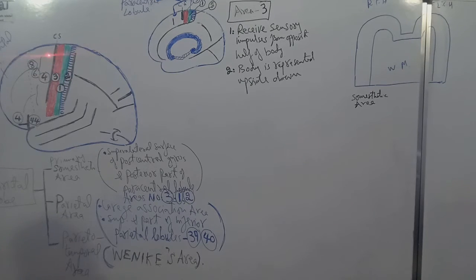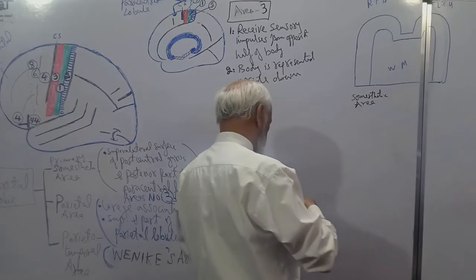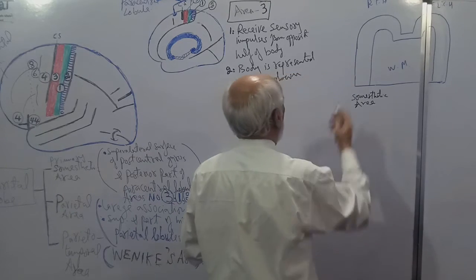In the case of the frontal lobe, we drew the diagram showing the motor area, area number 4. So for the sensory area, again we draw a diagram cut at the level of the primary sensory area, area number 3, 1 and 2. So here again the human body is represented upside down.